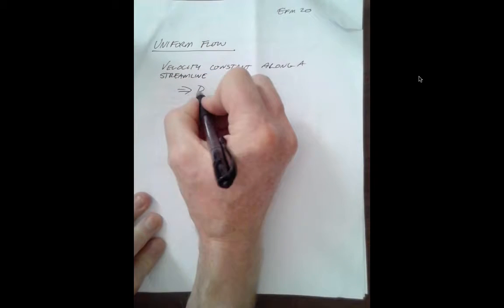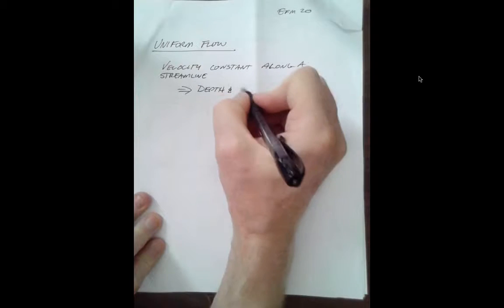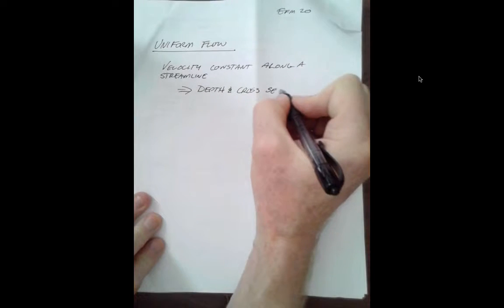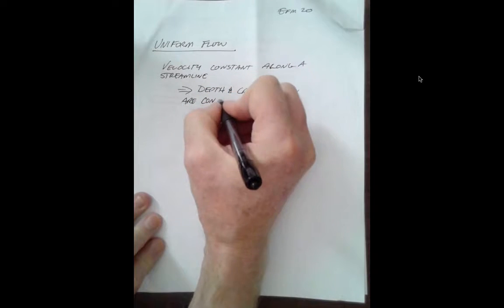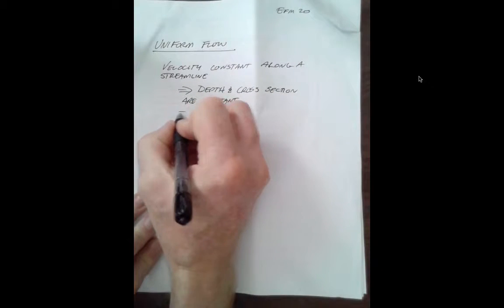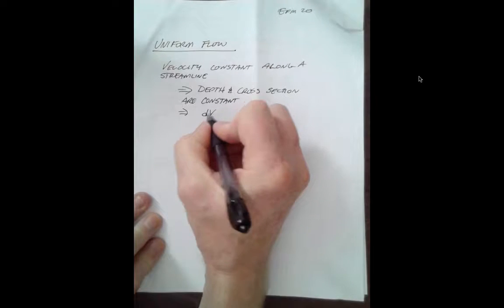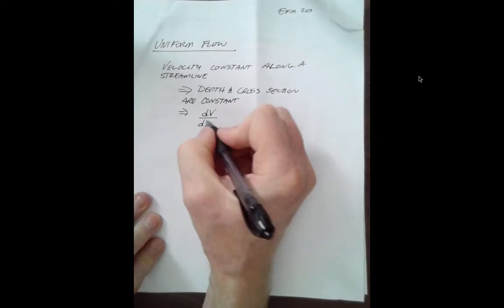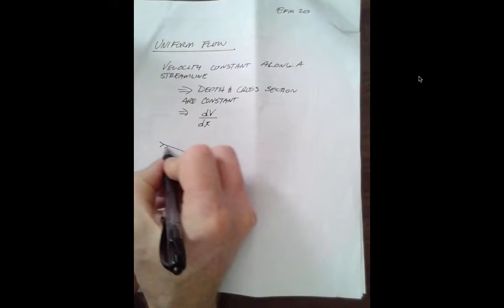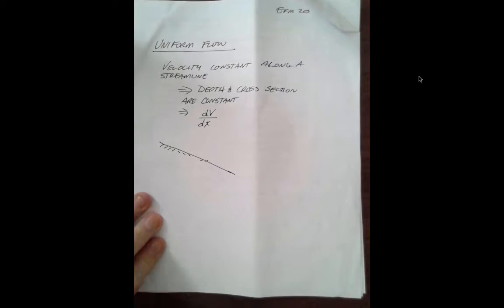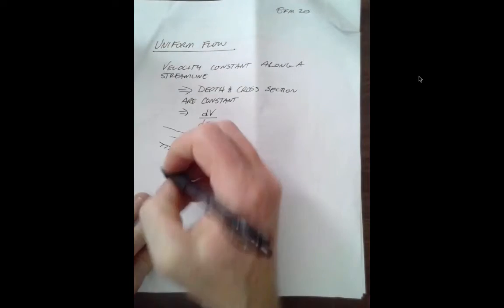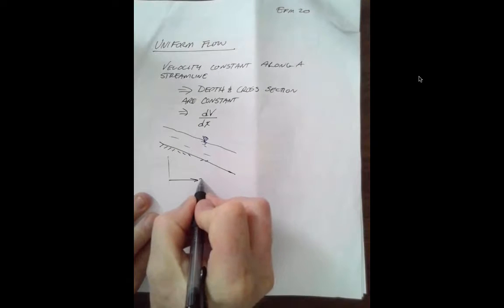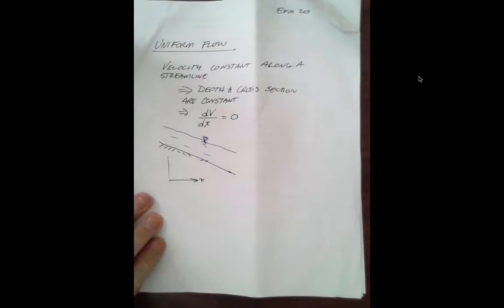And that would imply that the depth and cross-section are essentially constant along the portion of channel, such that the change in velocity with change in x, where x is the flow direction, is 0. That's a uniform flow.